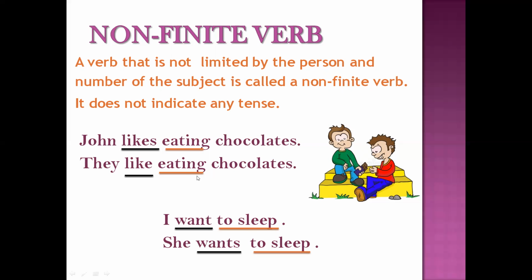So these are actually the non-finite verbs. And if you talk specifically about to sleep, to sleep is an infinitive. Infinitives are those verbs which are preceded by the preposition to. So these are infinitives.